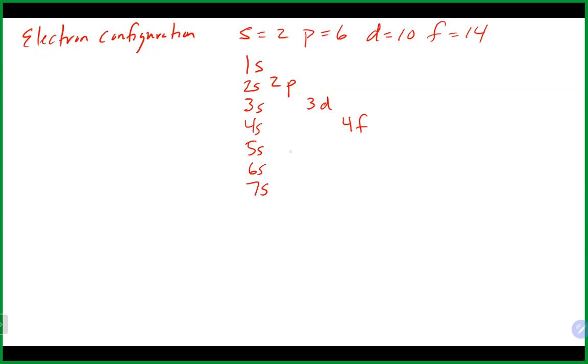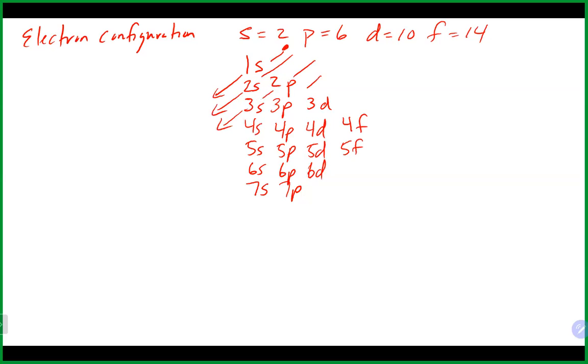It does go to about 7. So that would be 3p, 4p, 5p, 6p, 7p, and 3d, 4d, 5d, 6d, and 5f. And remember that we always start here and roll our way through. Again, you don't have to fill up anybody completely as we go through.